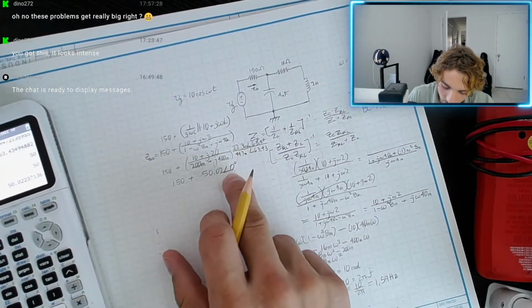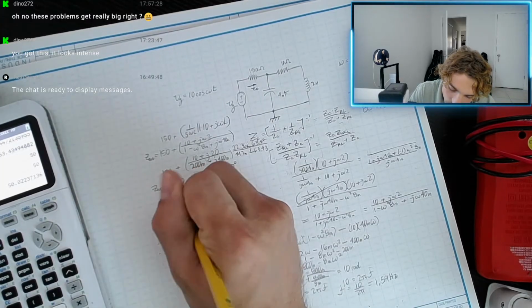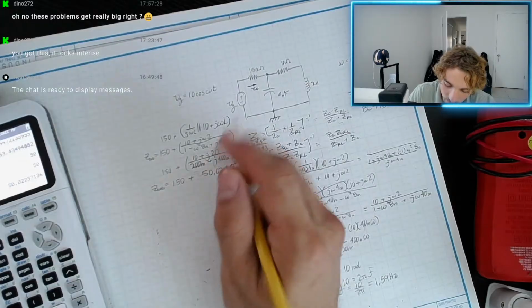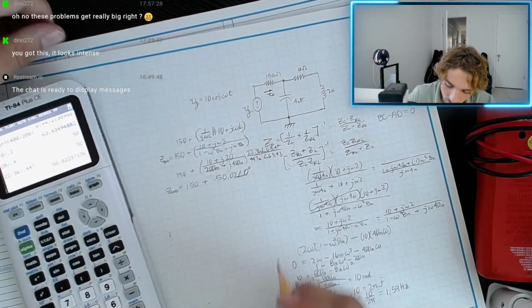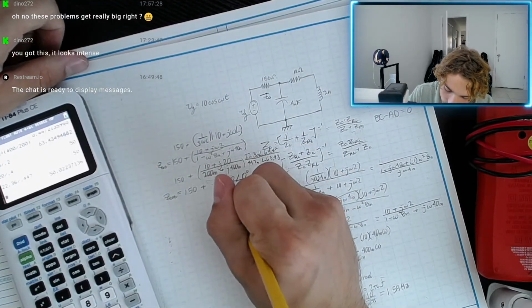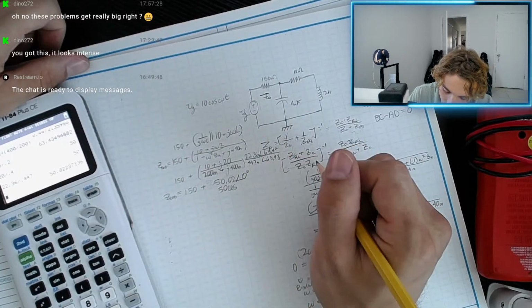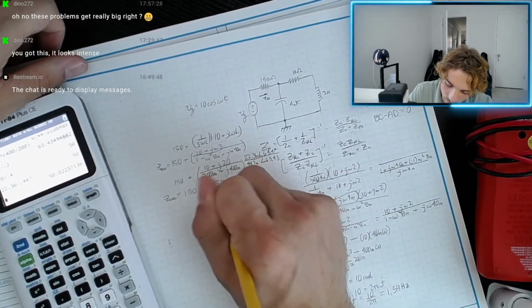So that's real. Oh, wait a second. That's crazy. Z total. Well, this 150, that's angle 0. But if we wanted to add them, it'd just be the real, so it'd just be 50 cosine 0, so it'd just be 50.